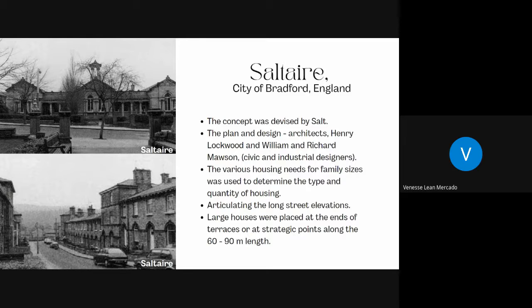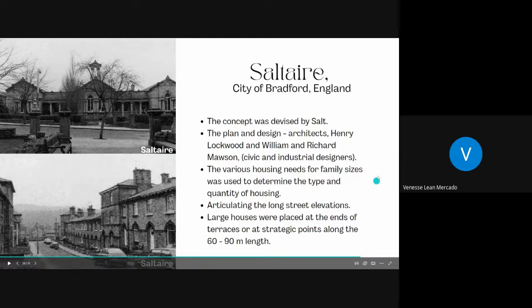The architects for the plan and design were Henry Lockwood and William and Richard Mawson, who were civic and industrial designers. Through a survey, the various housing needs for family sizes were used to determine the type and quality of housing. These houses articulated the long street elevations. Large houses were placed at the ends of the terraces or at strategic points along the 60 or 290-meter length.